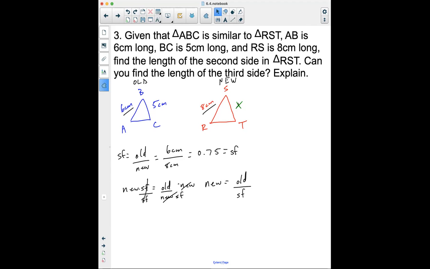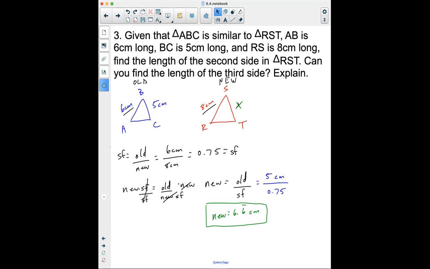My old side was 5 centimeters, and my scale factor was 0.75. So punch that into the calculator. That new, or my X side, I should do this in green, is going to equal 6.6 repeating centimeters.